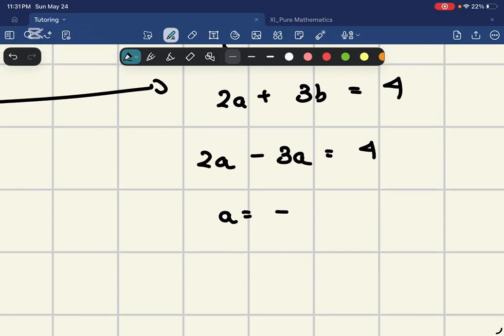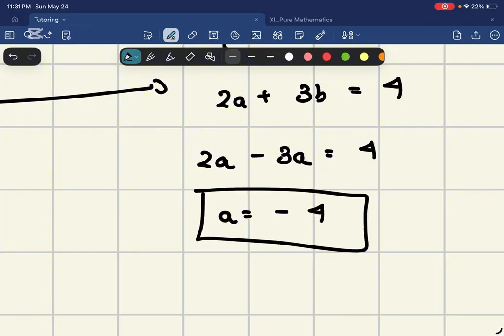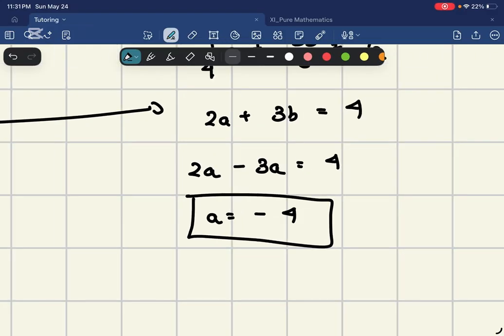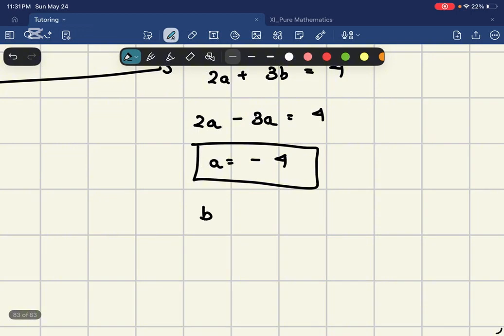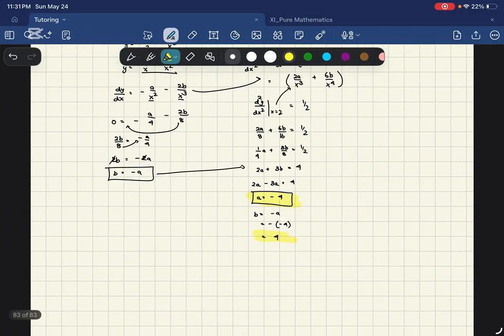So a is negative 4. If you solve this, you're going to get a is equal to negative 4. So I know I'm skipping some steps, but I encourage you to try to figure it out on your own so that you get more practice. And now I can just substitute, b is just minus a. So it's minus of minus 4, so b is just 4. And we are done with this topic. All right.